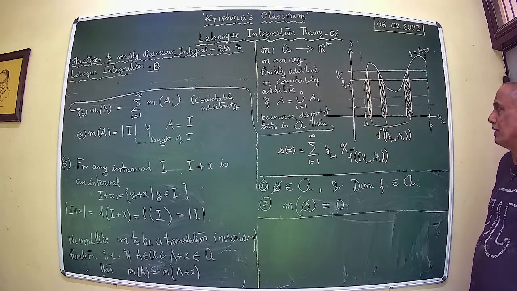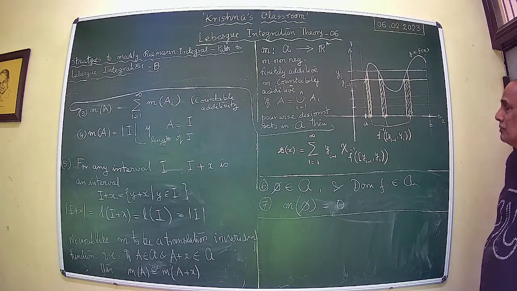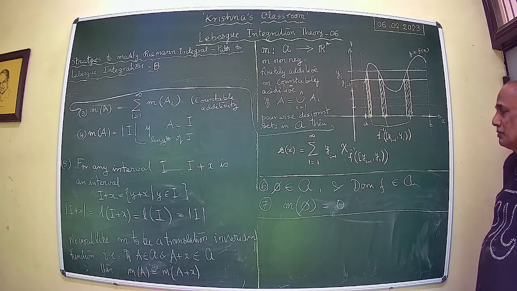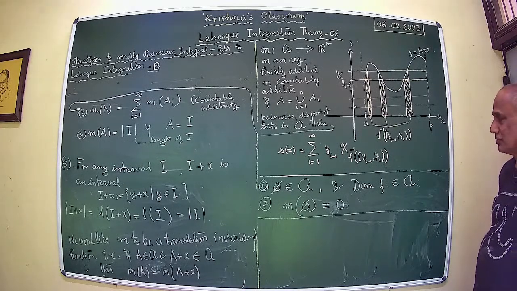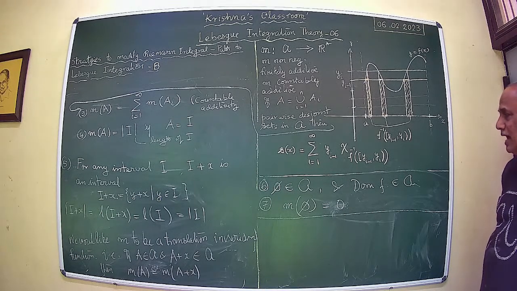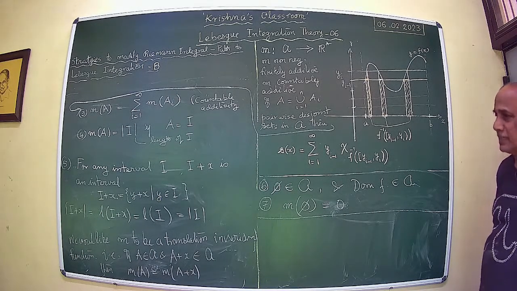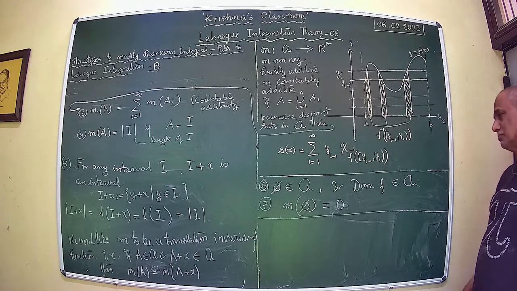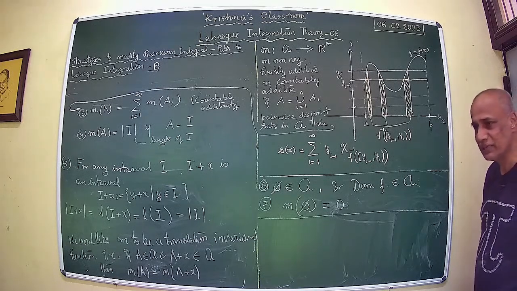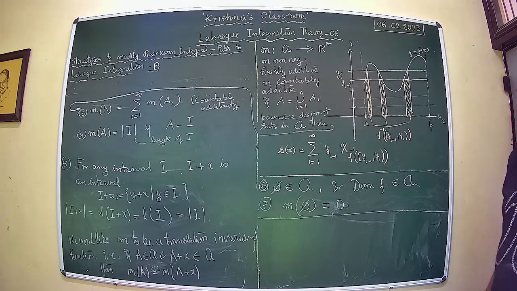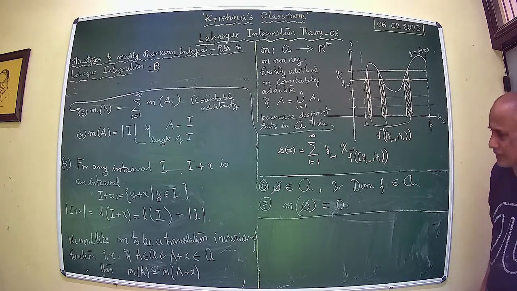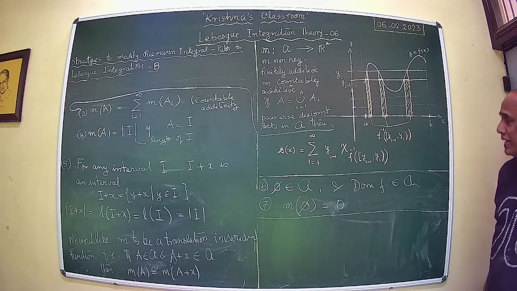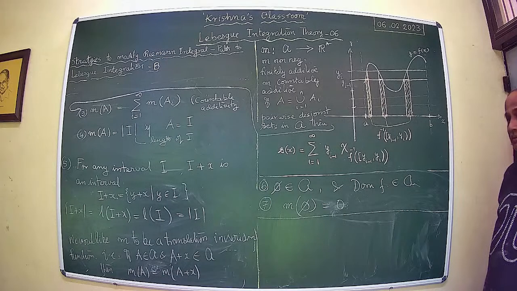The measure has to be a non-negative extended real valued function. On the empty set it should be equal to 0. For intervals it should be the length of the interval. It should be translation invariant and countably additive. All these nice properties have to be there.